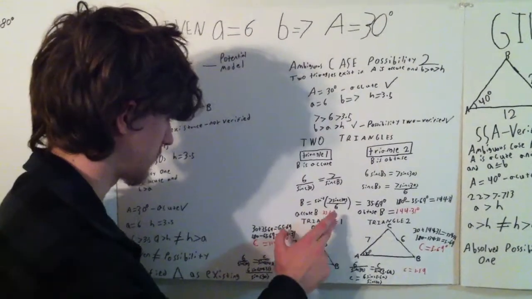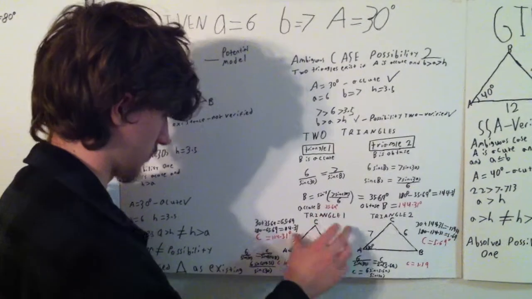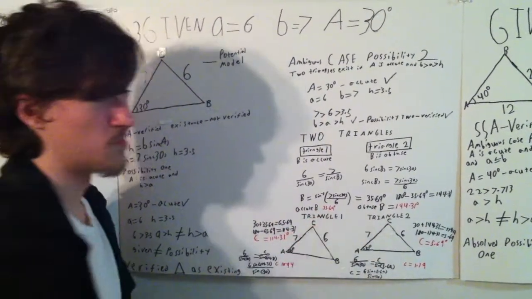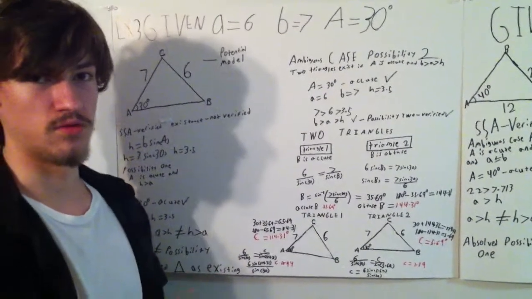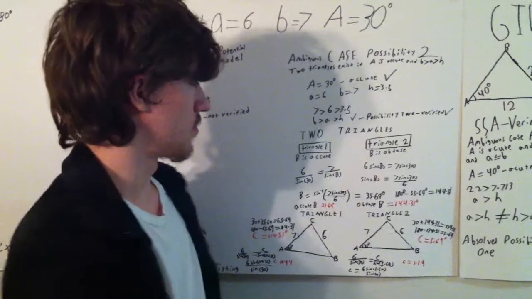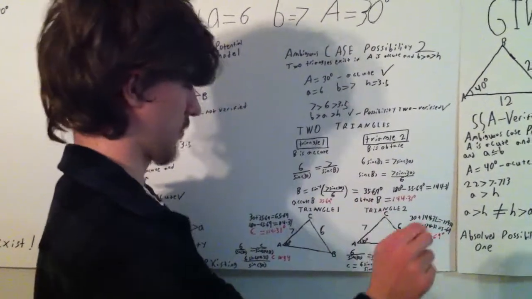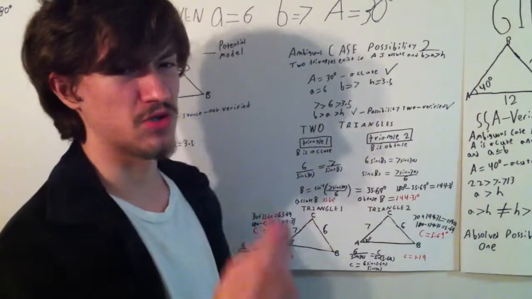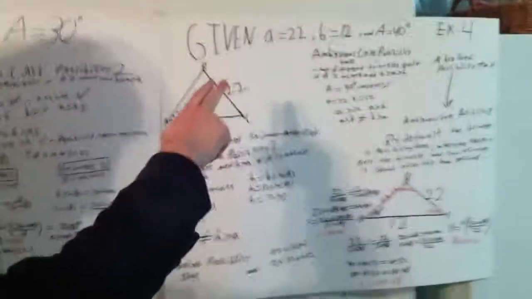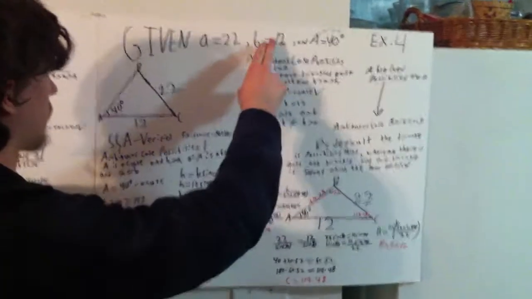So, in this case, the acute angle B value was 35.69, and we take that acute angle B value and subtract it from 180 to get the obtuse angle B value, which in this case was 144.31 degrees.